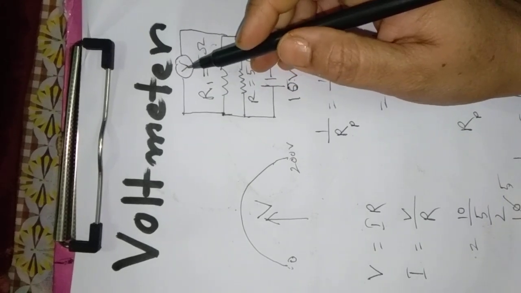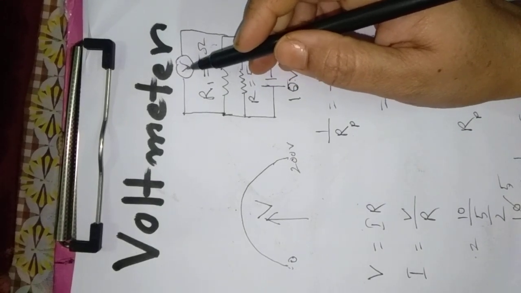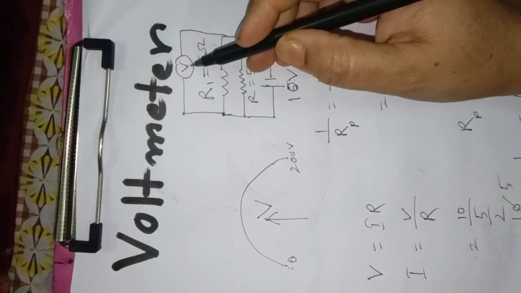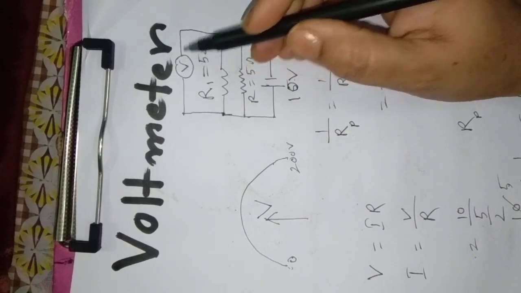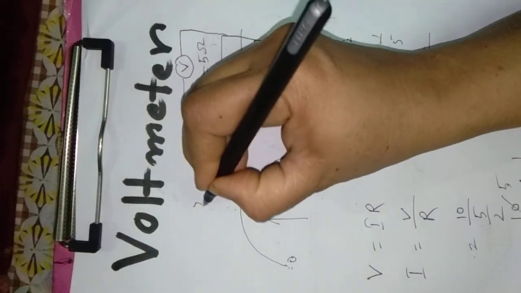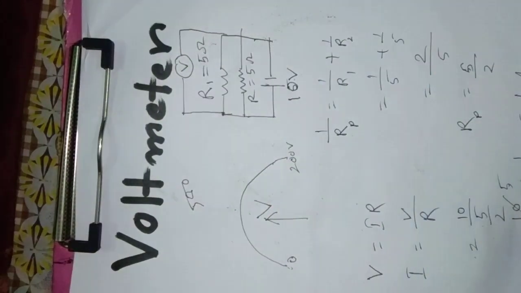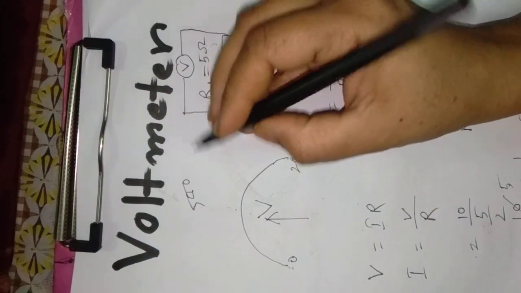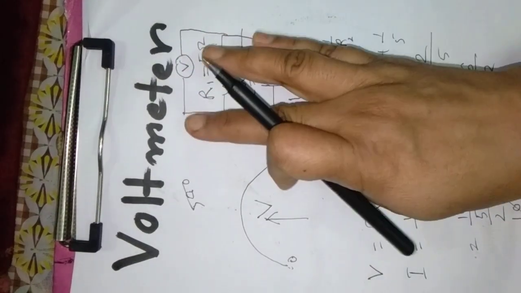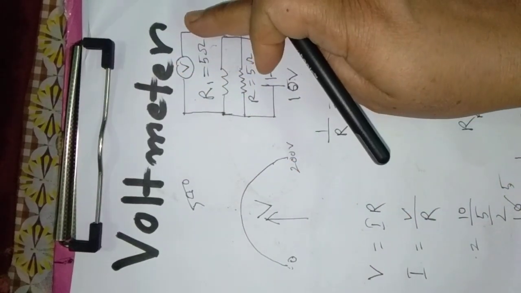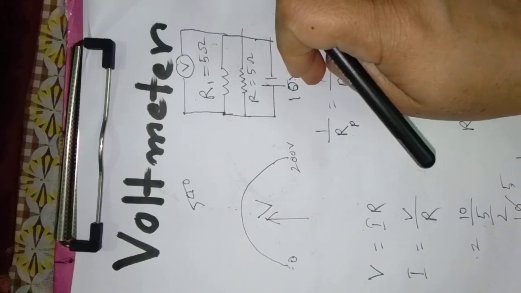Now the voltmeter is connected in parallel connection, and a very high amount of resistance is inserted in the voltmeter. That is, suppose that is 500 ohm. So that's why very little current can pass through it, because its purpose is to measure the voltage or potential difference.